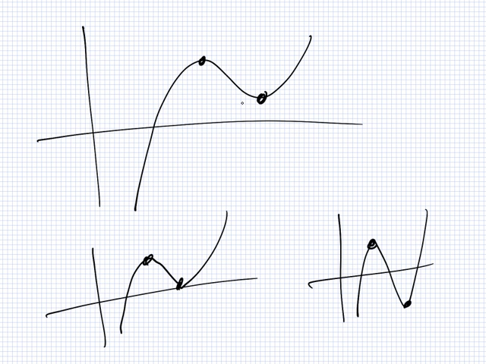If both turning points are above the x-axis, then we must have only 1 root. If one of the turning points is above the axis and one of them is on the axis, we have 2 roots, and we've actually found one of the roots accidentally. If we have one turning point above the axis and one below the axis, then we know there must be 3 roots. It's the only way to draw the cubic.